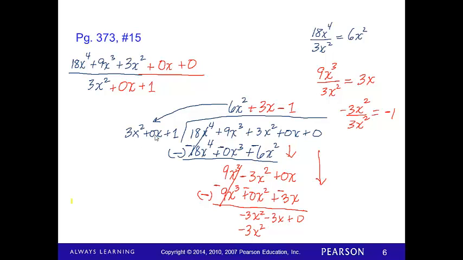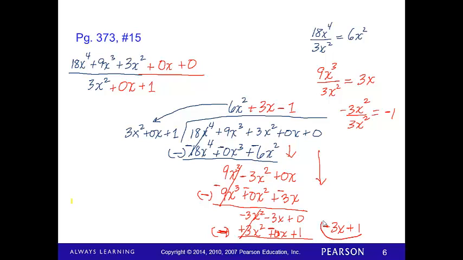Negative 1 times 0 is 0x. And negative 1 times 1 is negative 1. Again, let's subtract so the signs change. So this becomes positive, this is negative, and this is positive. These cancel out. This one leaves you with negative 3x, and this one will leave you with a plus 1.